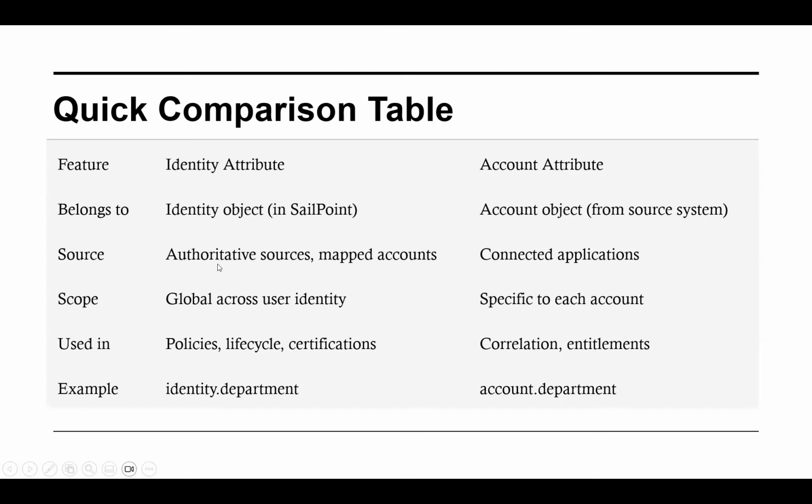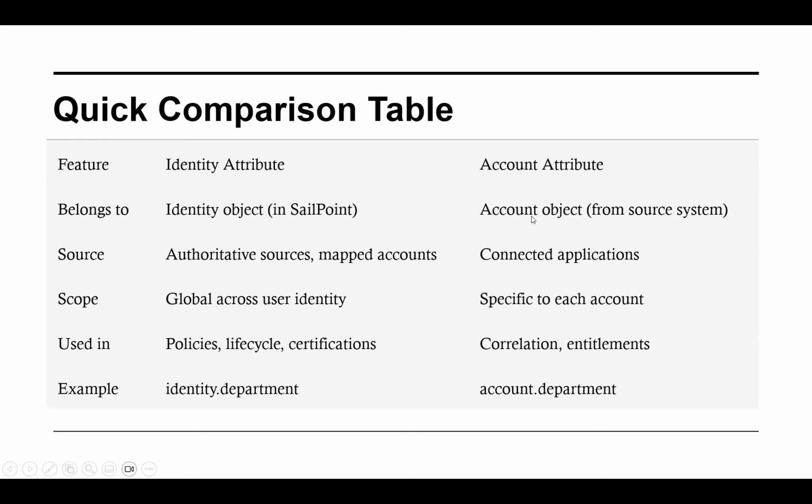Identity attribute gets its values from authoritative sources and mapped accounts, whereas account attribute gets its data from connected applications. The scope of identity attributes is that we can use them globally across the user identity, whereas an account attribute is specific to each account.